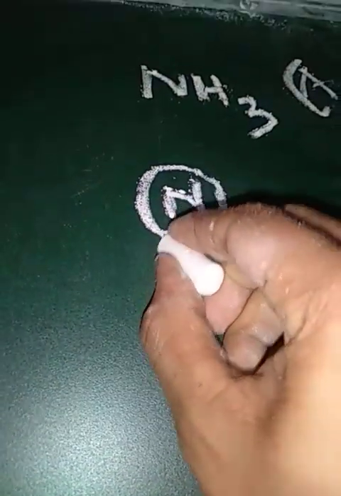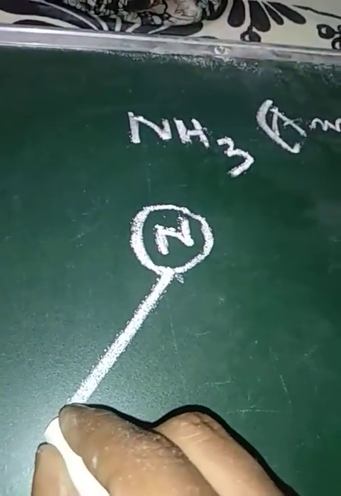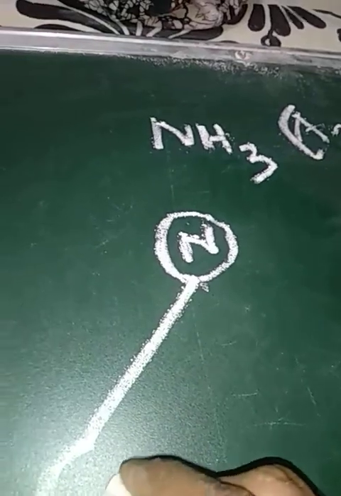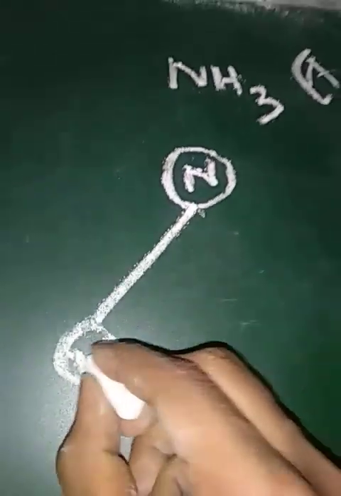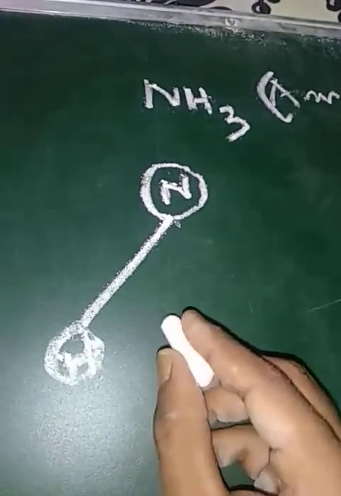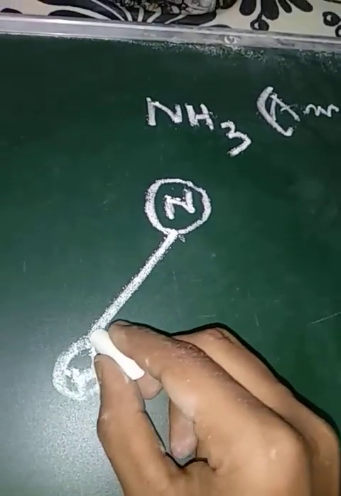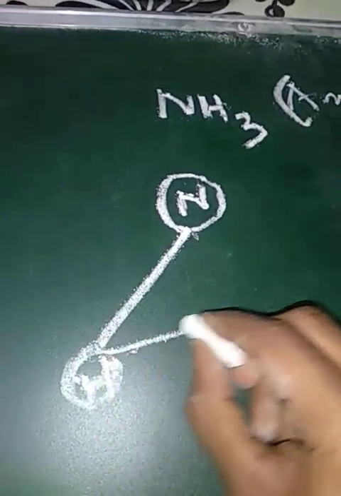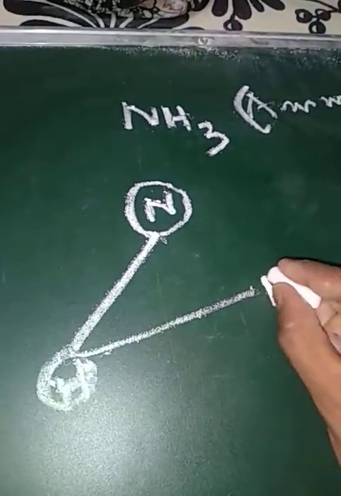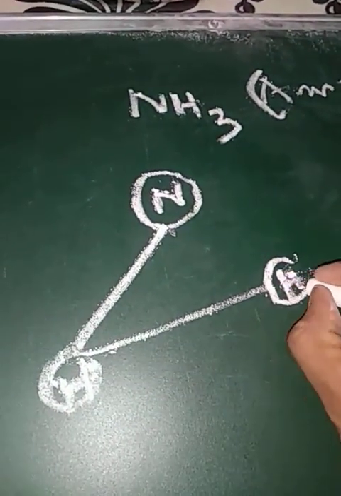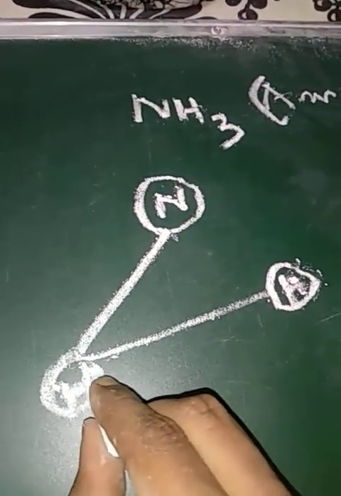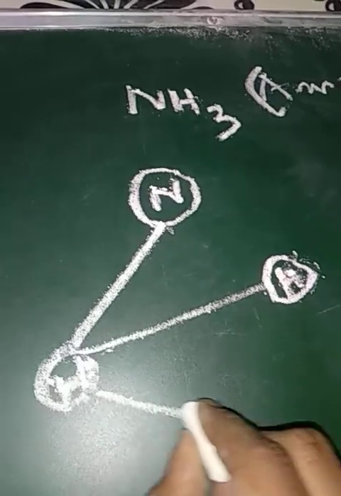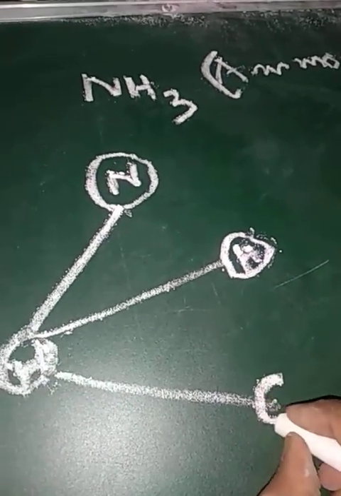I don't remember the name although, but it looks like this. Hydrogen over here and hydrogen over here and hydrogen over another vertex of a triangle.